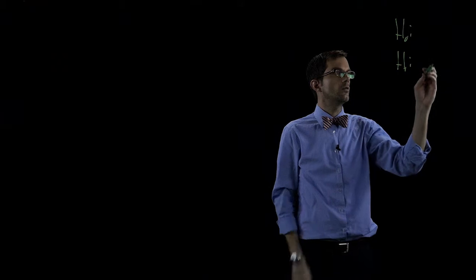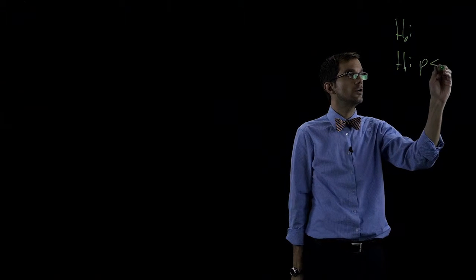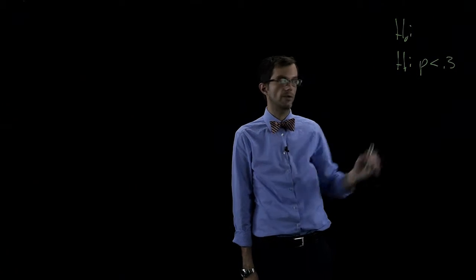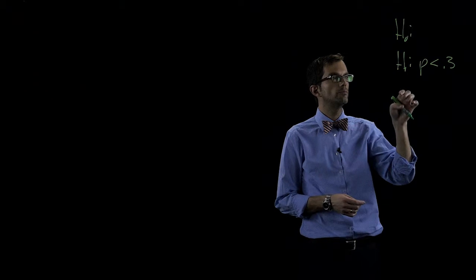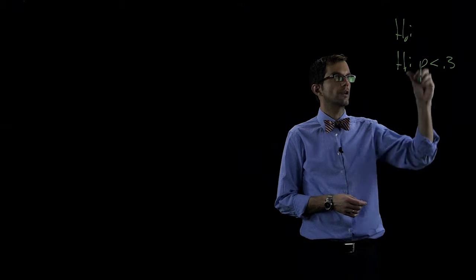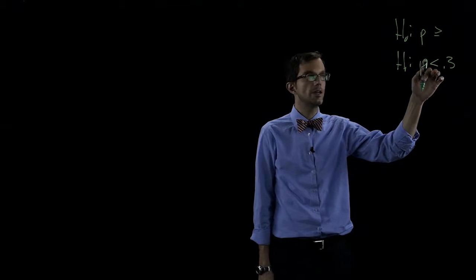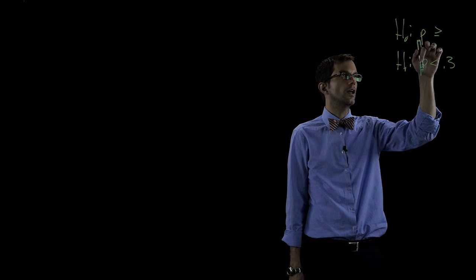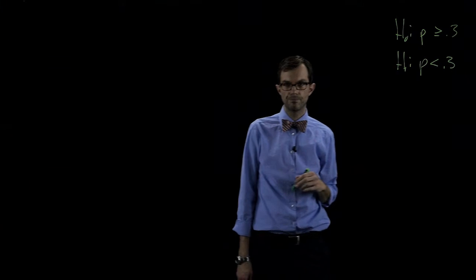So our alternative hypothesis is that P is fewer than 30%, or fewer than 0.3. Percentage was 30%, proportion fewer than 0.3. The equality statement must be in the null and it must be contradictory to this fewer than statement. So the null hypothesis is that P is greater than or equal to 0.3.